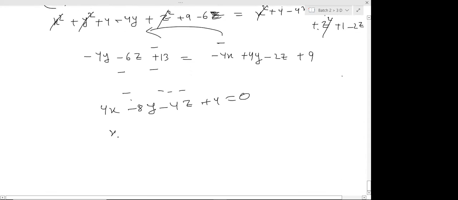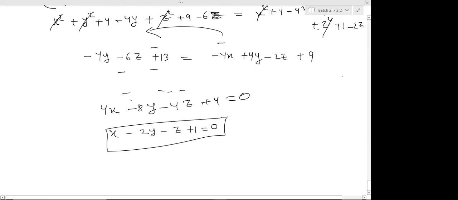Taking 4 common, we have x minus 2y minus z plus 1 is equal to 0. This will be the answer. Is it clear, everyone? Rahman, Nazia, Peer, Alvia? No response at all. All right.